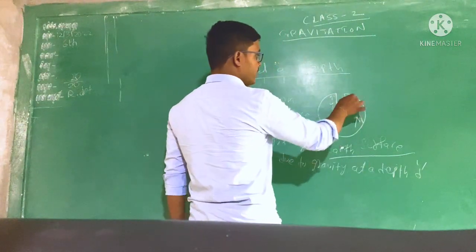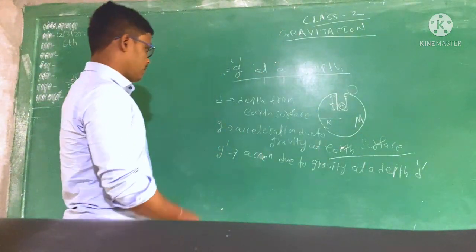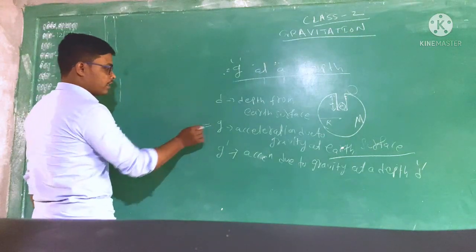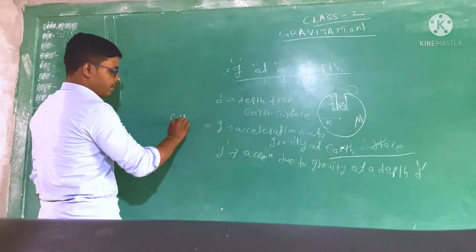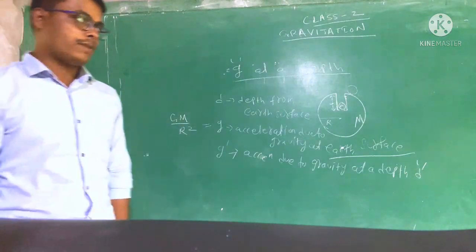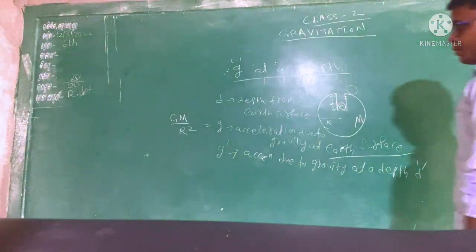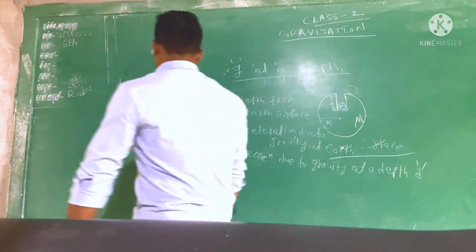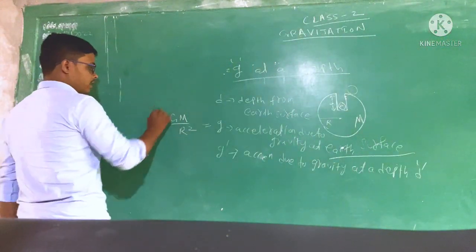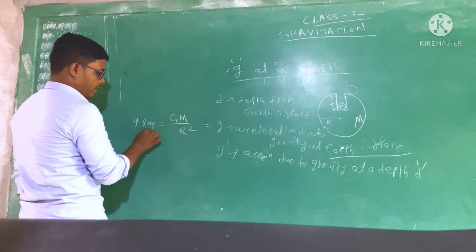If the object is here, then the value of g is that is g. So we know that this g value is GM by R square, where M is the mass of the earth and R is the radius of the earth. If you substitute the mass and radius of the earth, then you will obtain this value as 9.8 meter per second square.